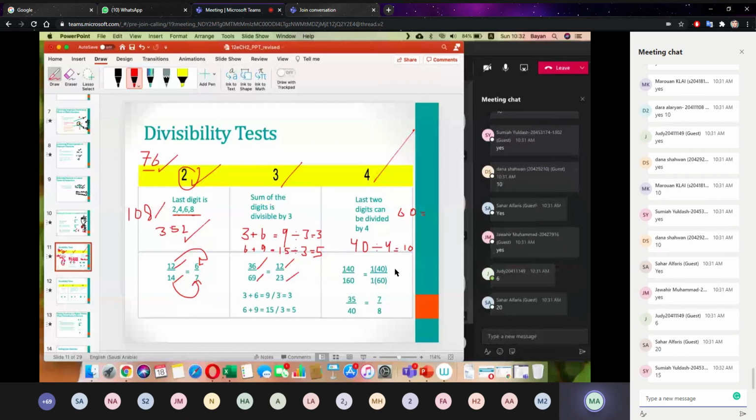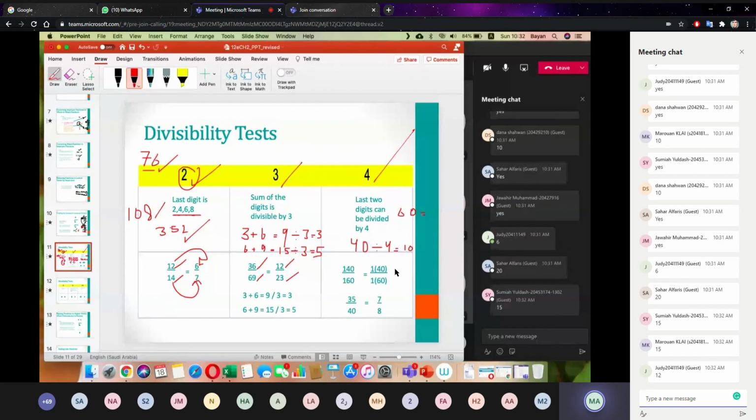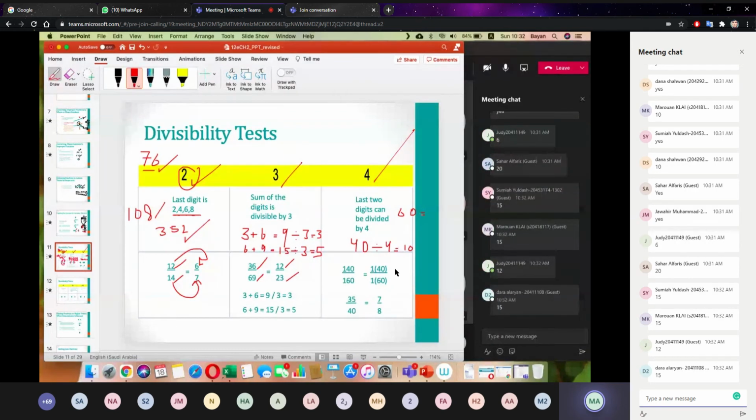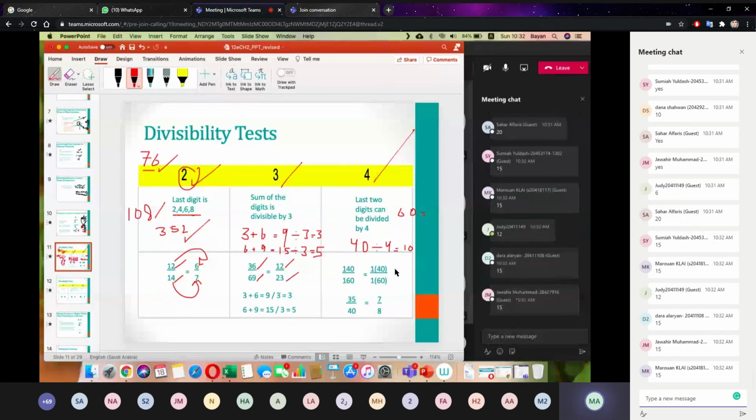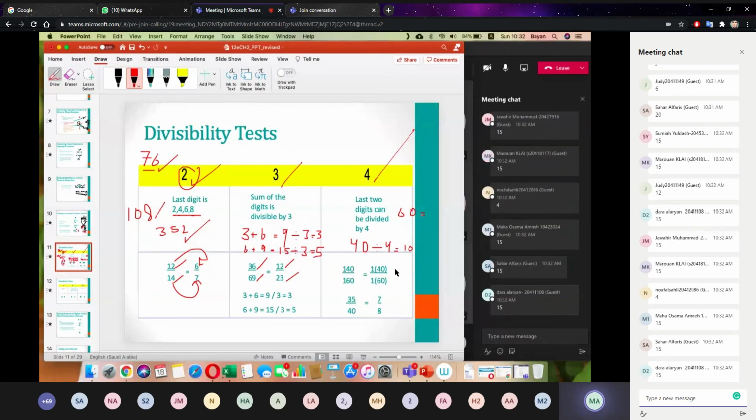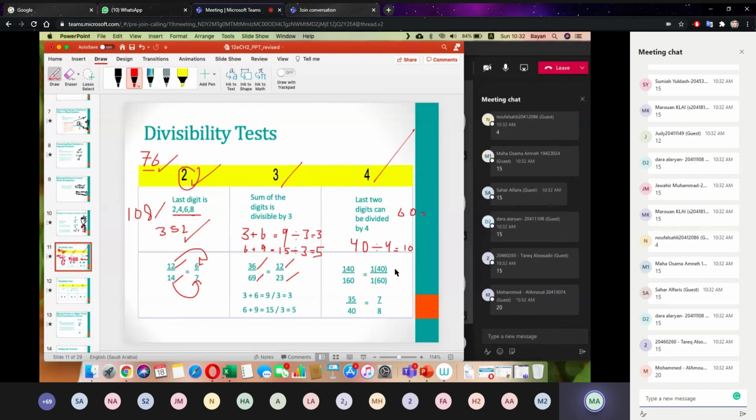Are you sure it's 6? Divide 60 by 4 will give you 12 or 15. Choose your answer. Yes, right, 15.